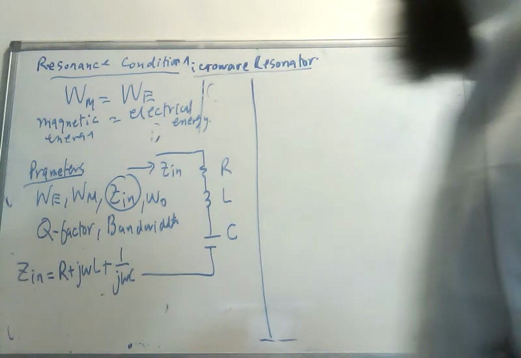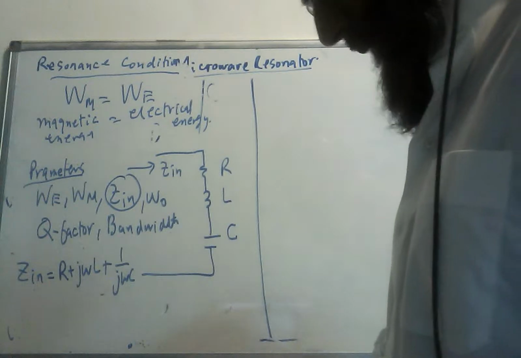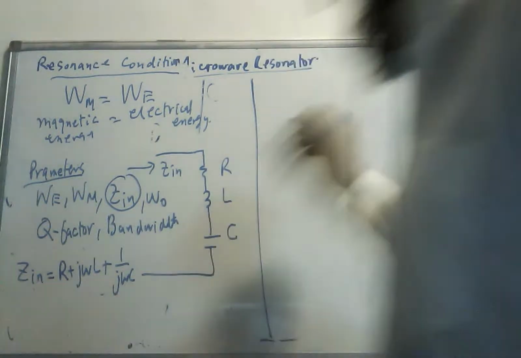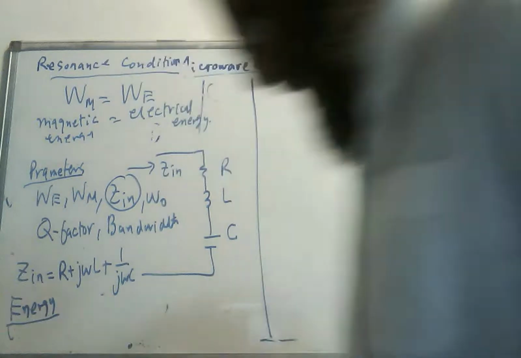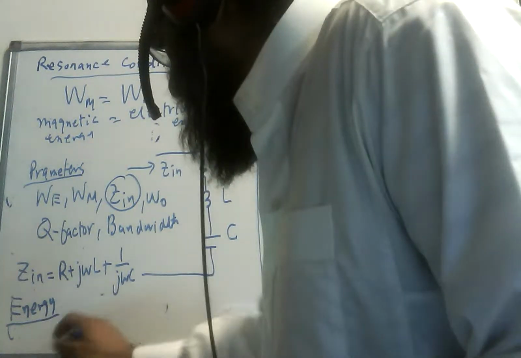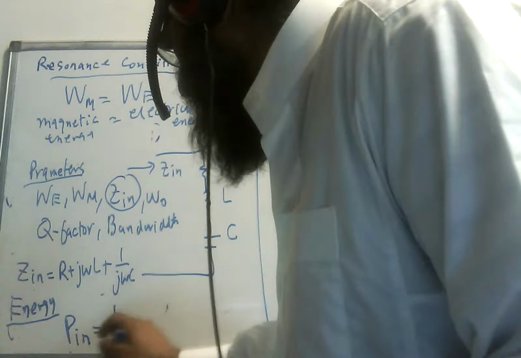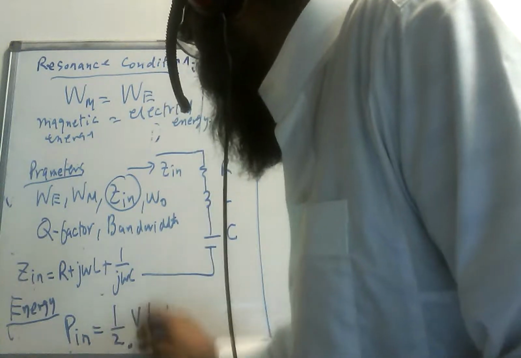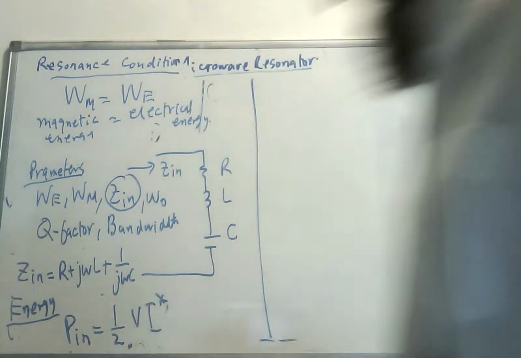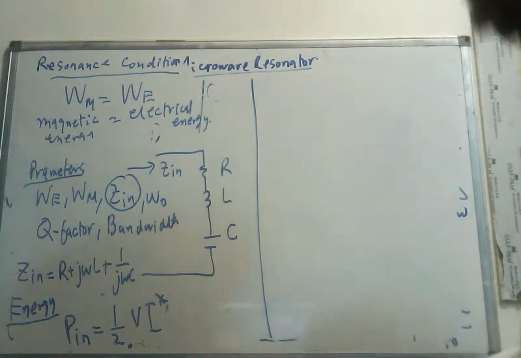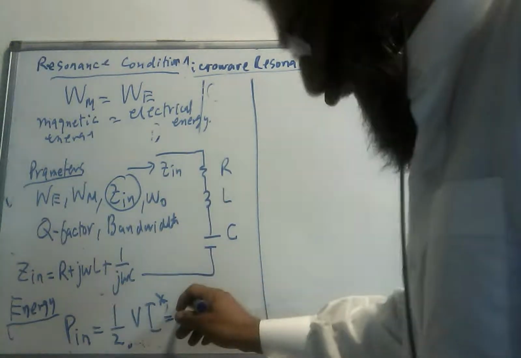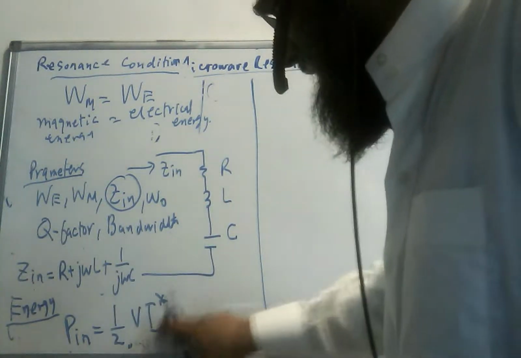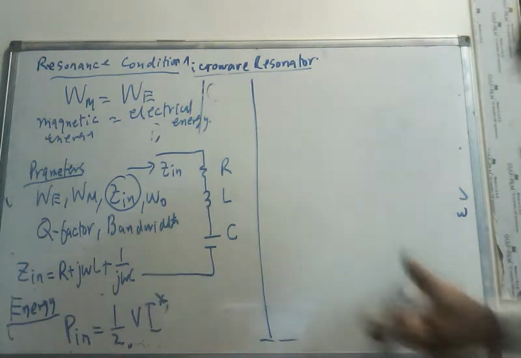Now to calculate the energy, I use a very well-known relation. In any circuit, the total power P input is equal to 1 over 2 V I conjugate.